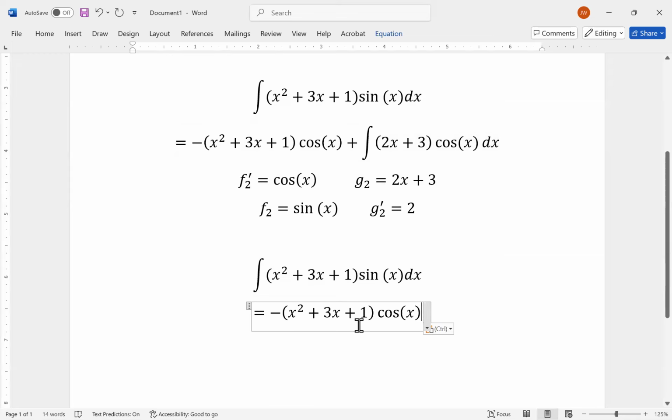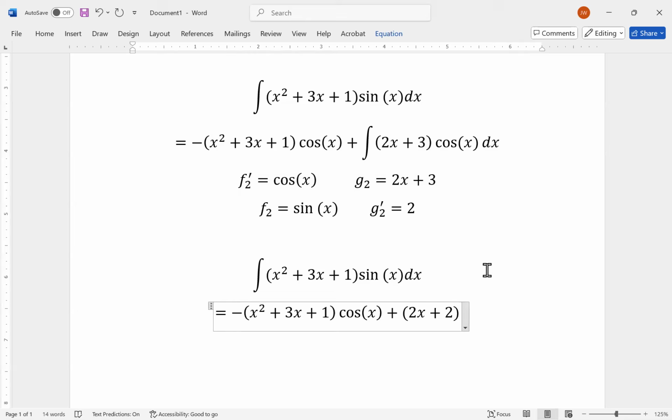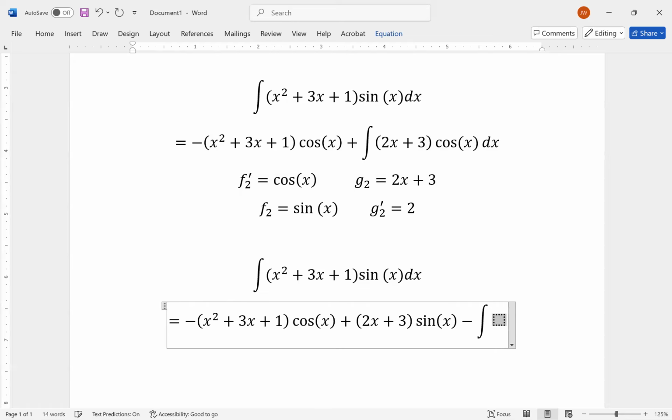Negative quadratic times cosine plus f times g, that is 2x plus 3 times sine of x, minus the integration of f times g prime, which is just 2 times the sine of x.